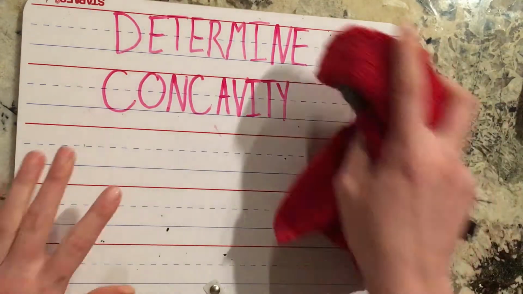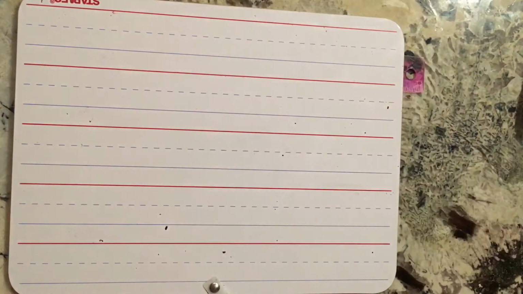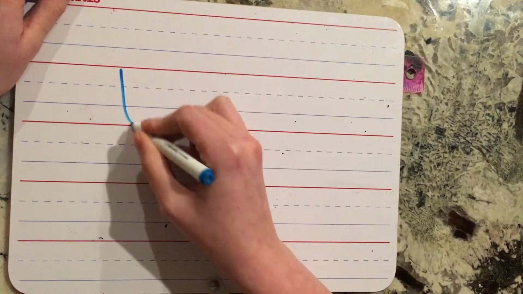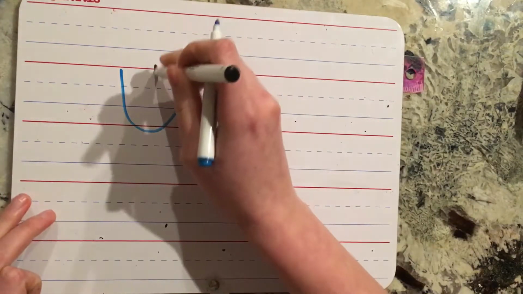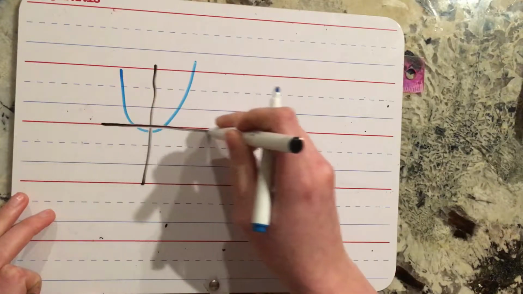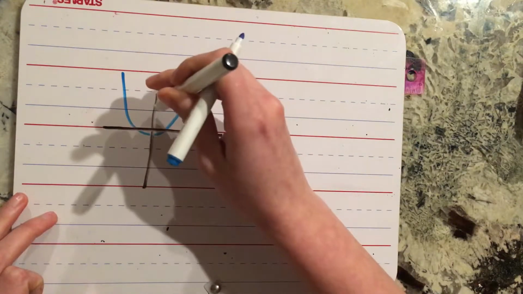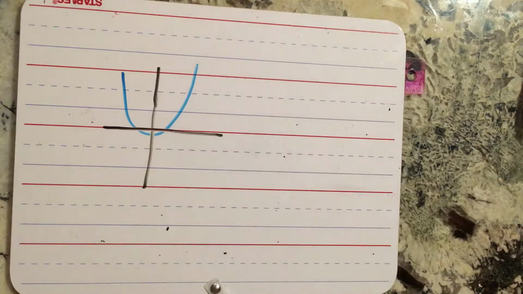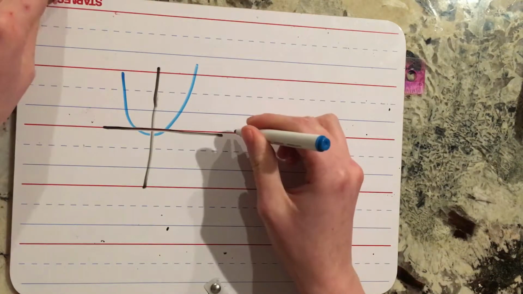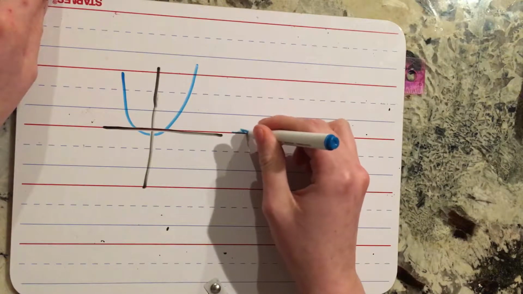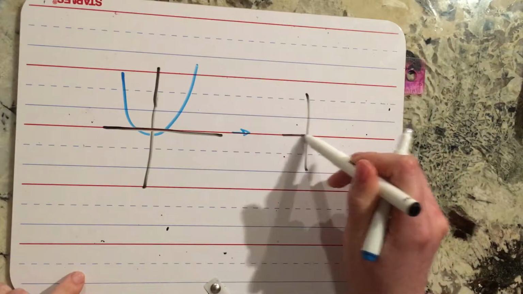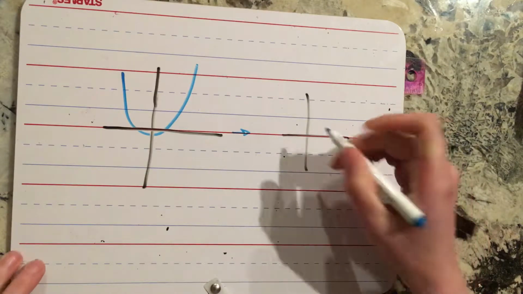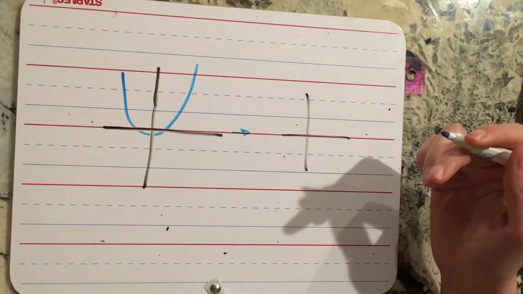When we determined increasing and decreasing, oops, that's a little bit of a messy graph, what we did was take the derivative of an equation, and then we found the slope and where it intersected.